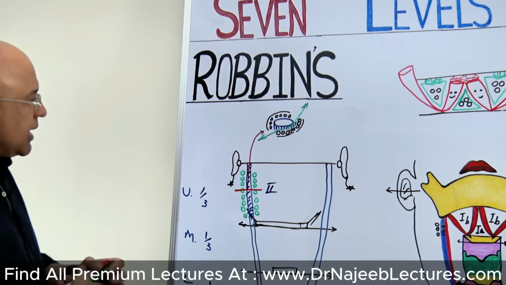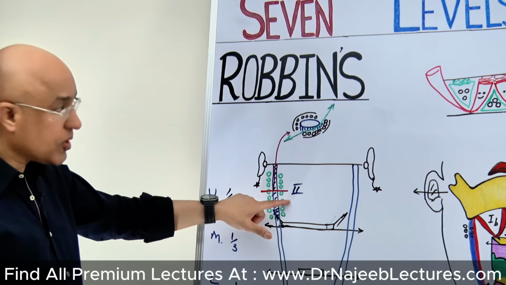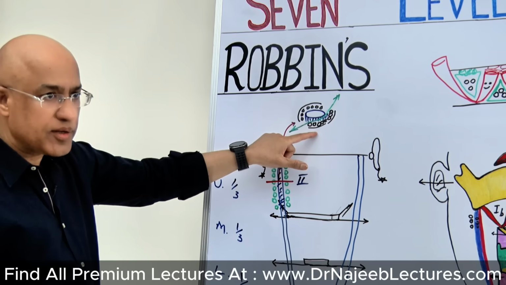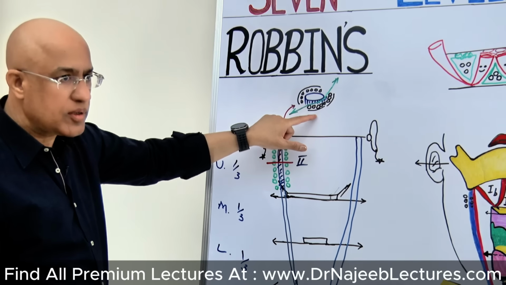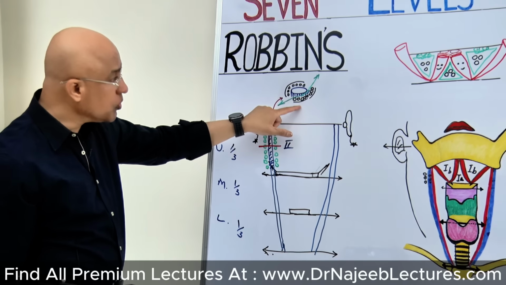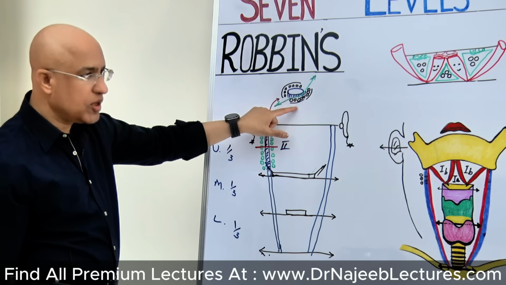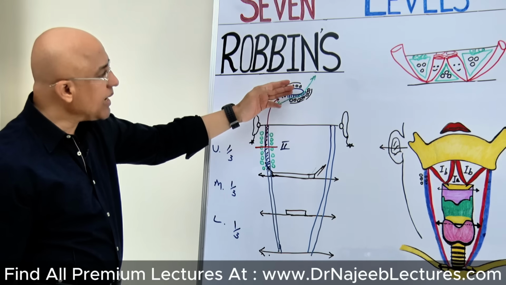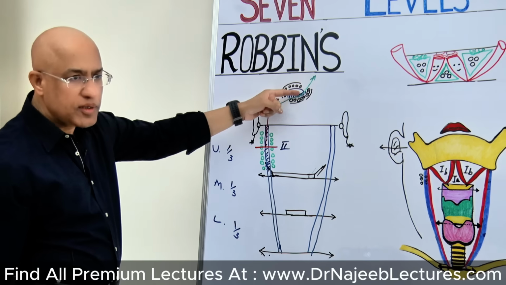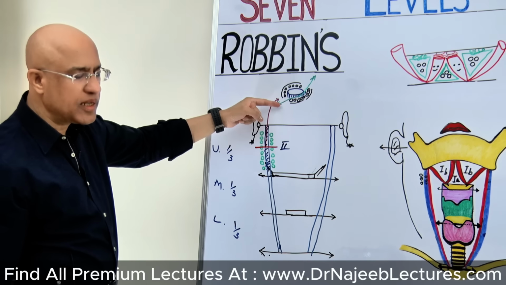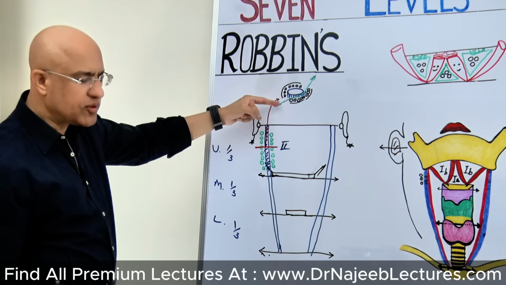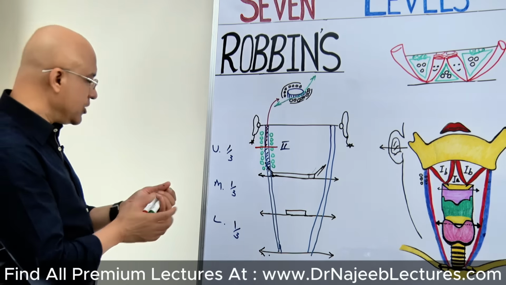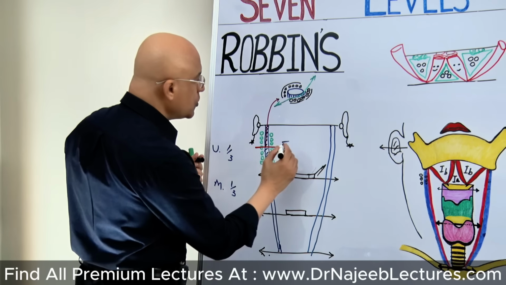Now, at level 2, the subgroup of lymph nodes which are anteromedial to the spinal accessory nerve is called level 2A.